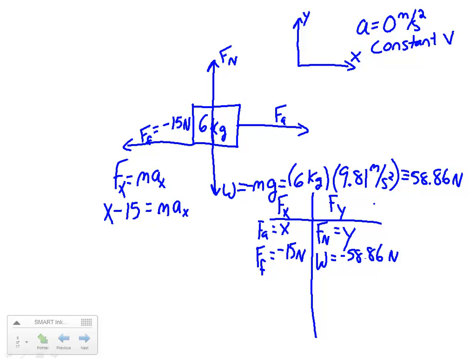I know from up here that the acceleration is 0. If the acceleration is 0, this whole thing goes to 0. So x minus 15 equals 0. This is easy: x equals 15 newtons.